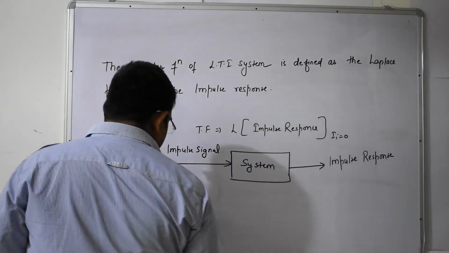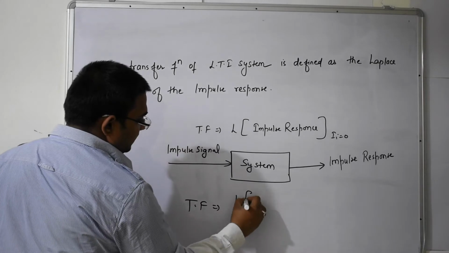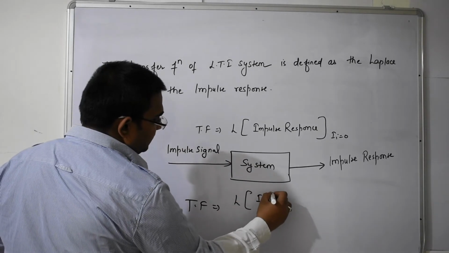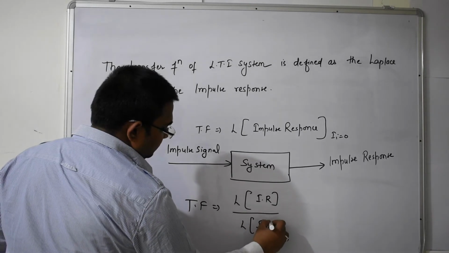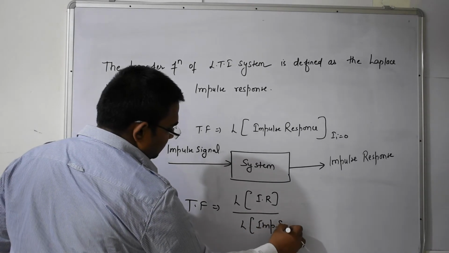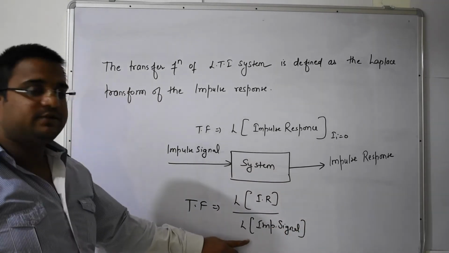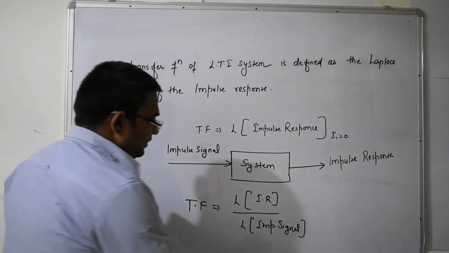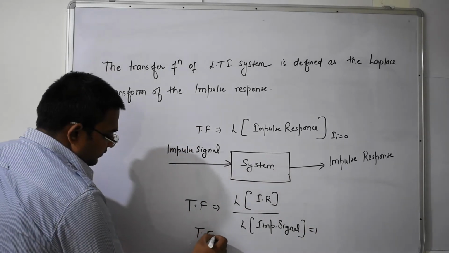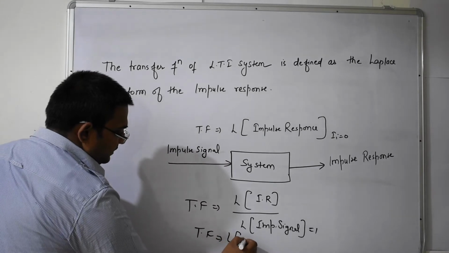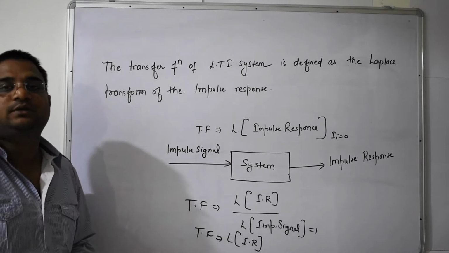So the transfer function is defined as the Laplace transform of impulse response upon the Laplace transform of impulse signal. So what is the Laplace transform of impulse signal? That is equals to 1. So our transfer function is defined as the Laplace transform of impulse response.